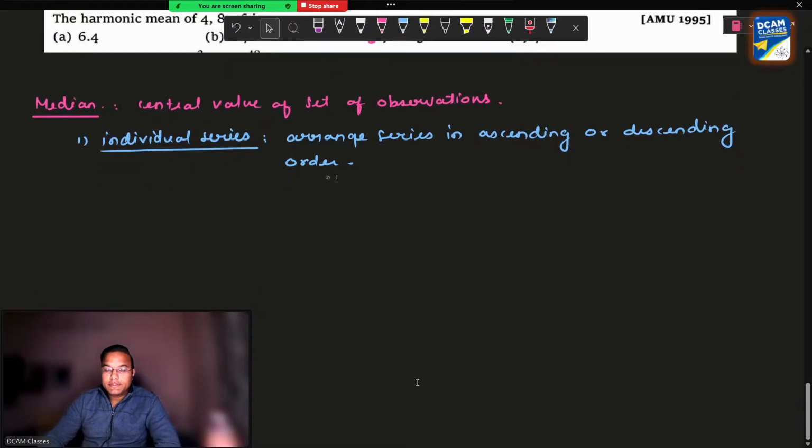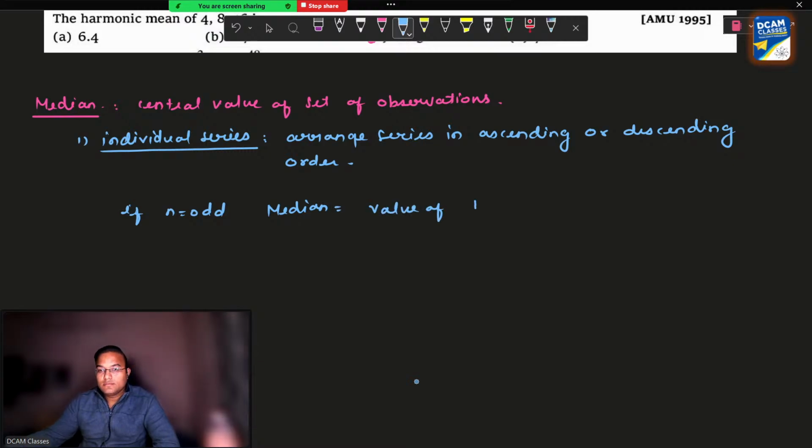After you have done this, if n is odd, means the number of items is odd, then the median is the value of the (n plus 1) by 2th term.